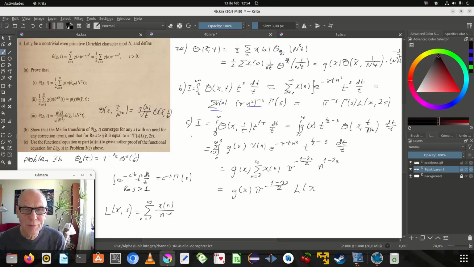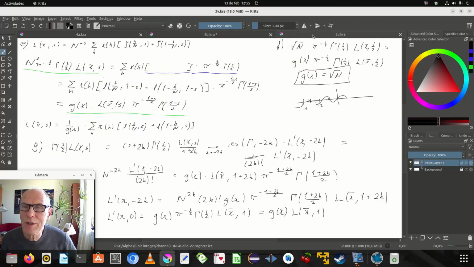I feel I missed a chi bar here. Pi to minus s gamma s lambda chi, 0, 2s equals g of chi pi to minus this guy, L of, etc. Let's see what it says here.